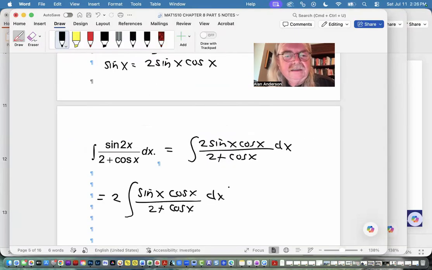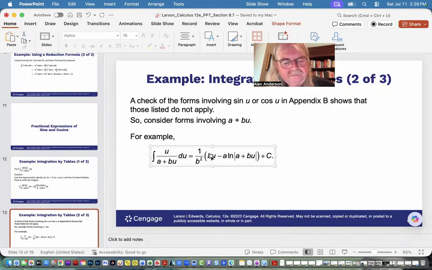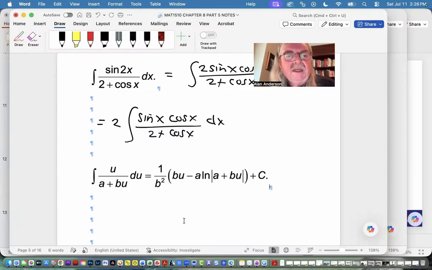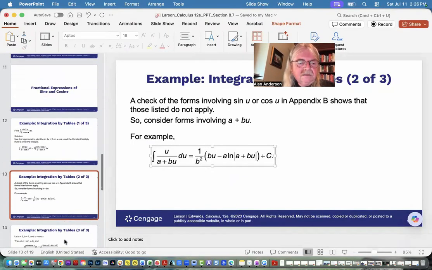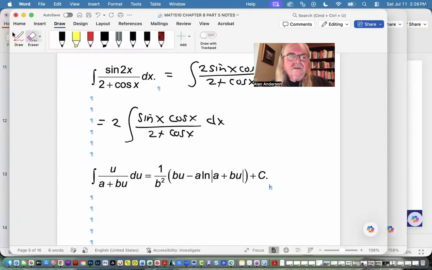All right. And so it says here that a check of the forms involving sine u or cosine u shows that they do not apply. So consider forms a plus bu, like this one. And then what would we do about u? So they're suggesting we let u equals cosine x.